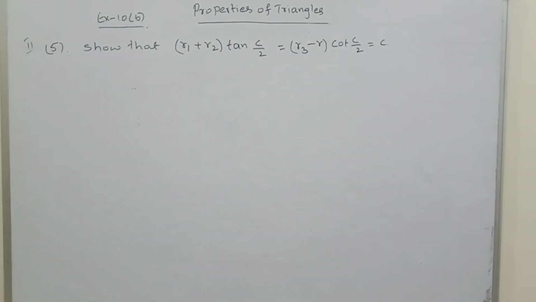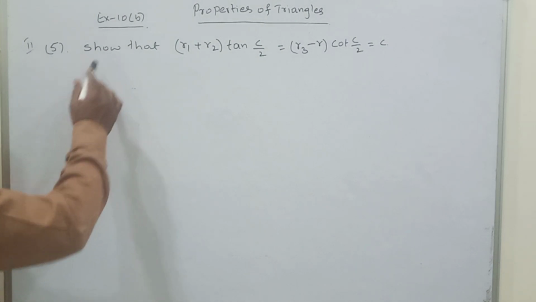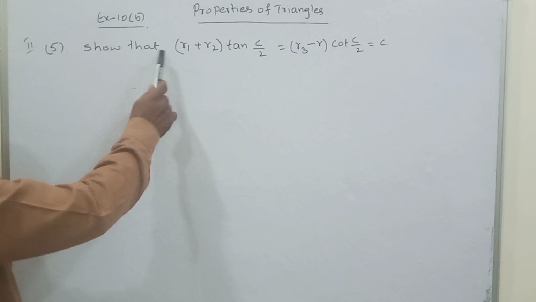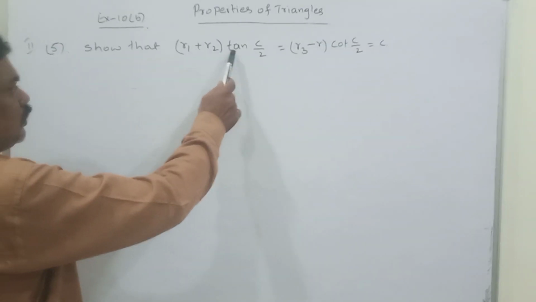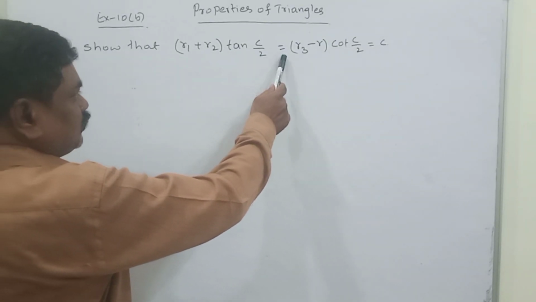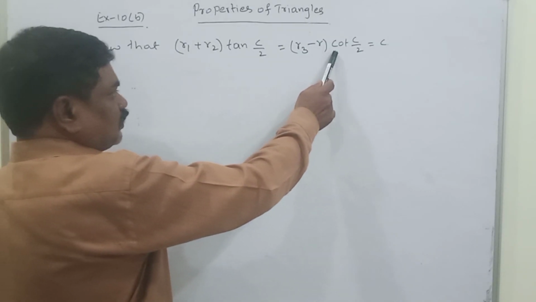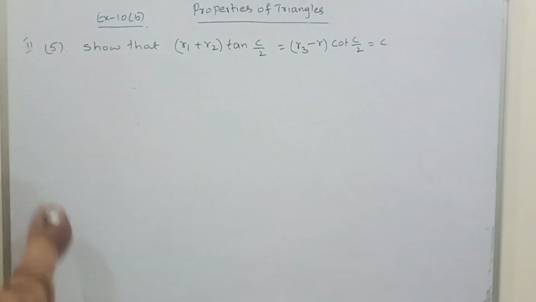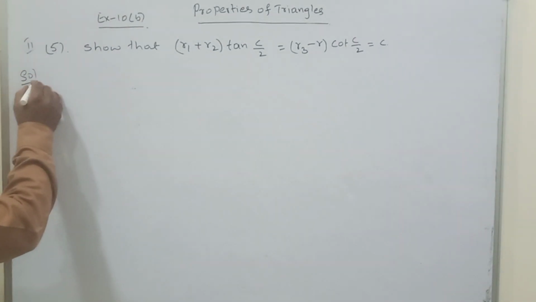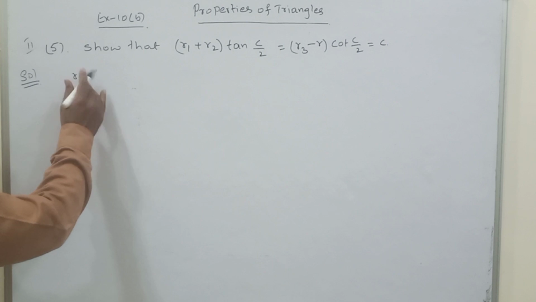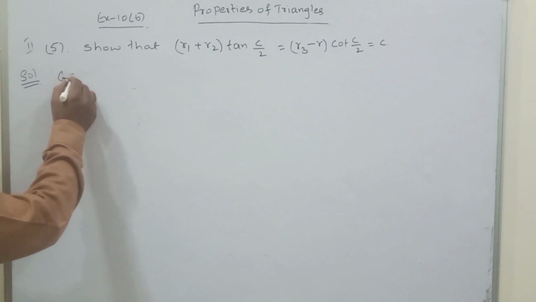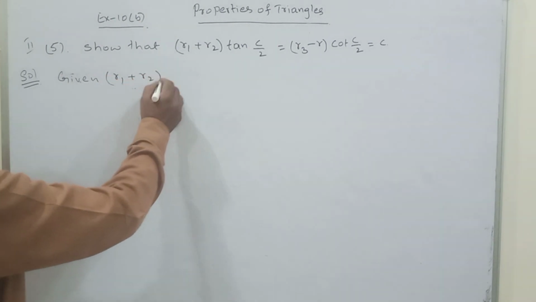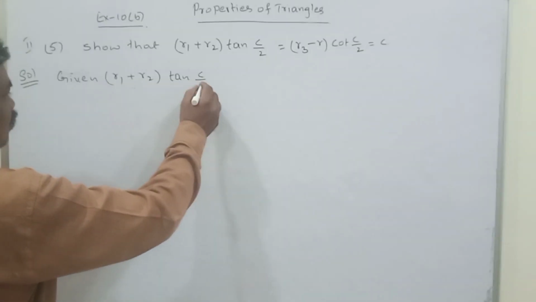Here, fifth problem. Show that R1 plus R2 tan C by 2 is equal to R3 minus R cot C by 2 is equal to C. So here you have to write first given R1 plus R2 into tan C by 2.